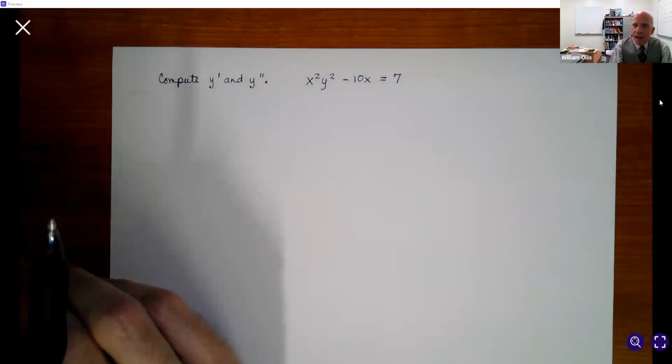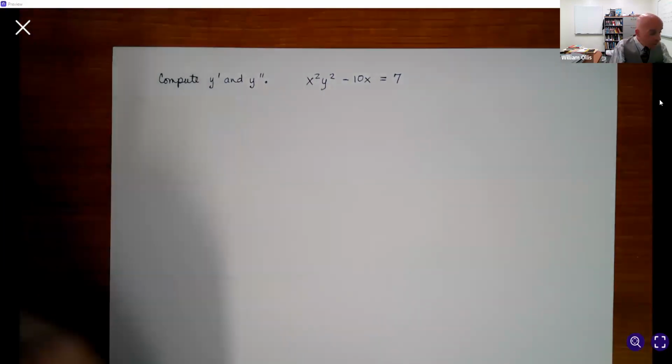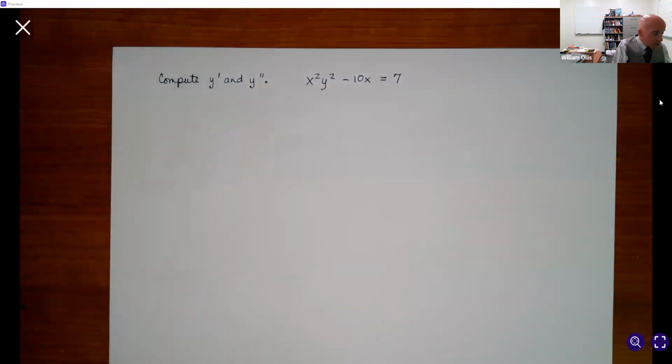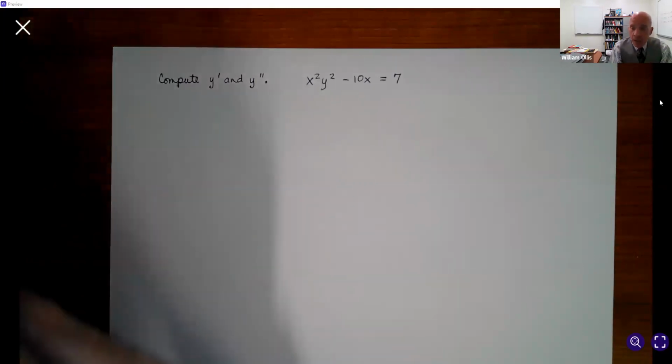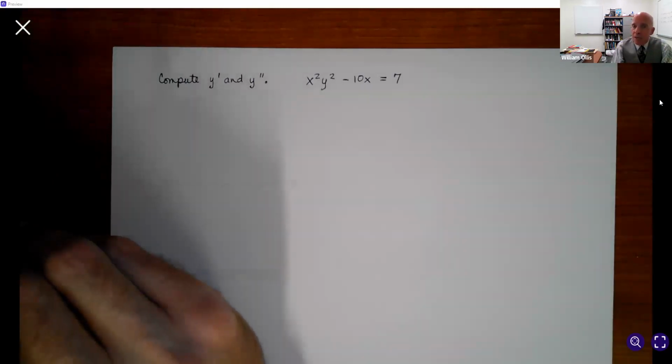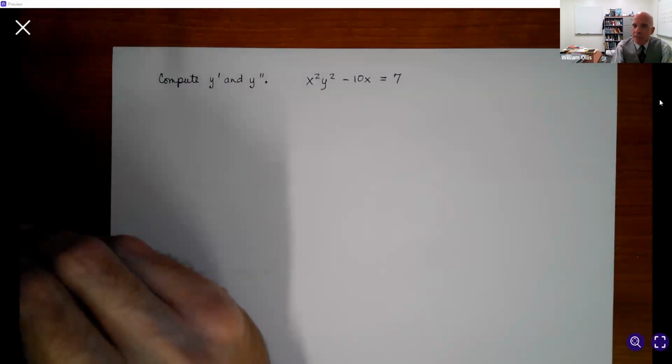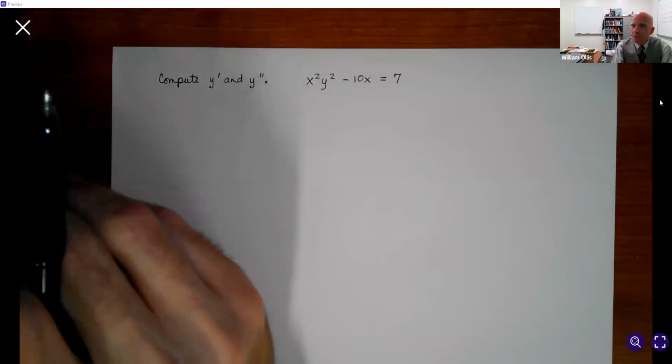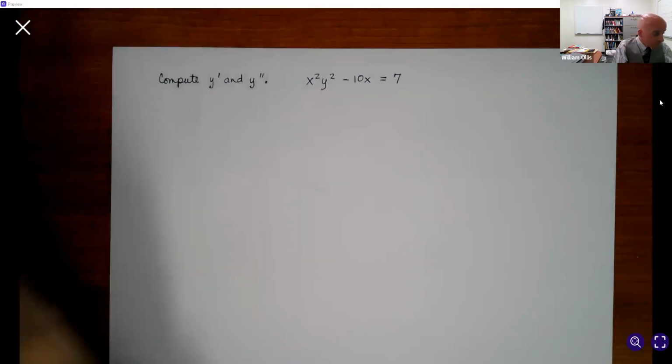Now, I want you to be aware that when you actually work on something like that and try to figure out a particular formula, you might be thinking, is it easier if I rearrange the equation and make the process simpler and maybe only generate fewer y primes, so to speak?